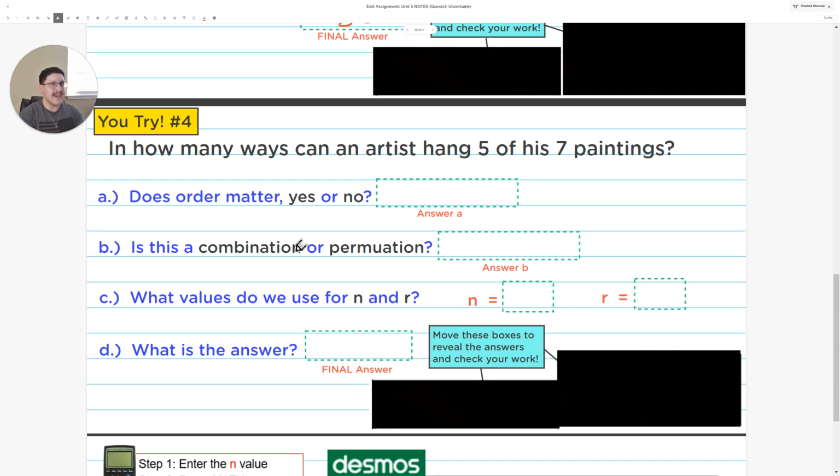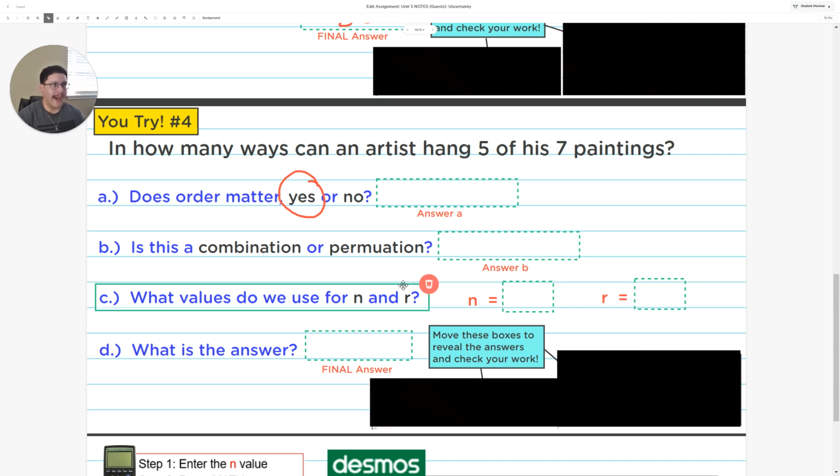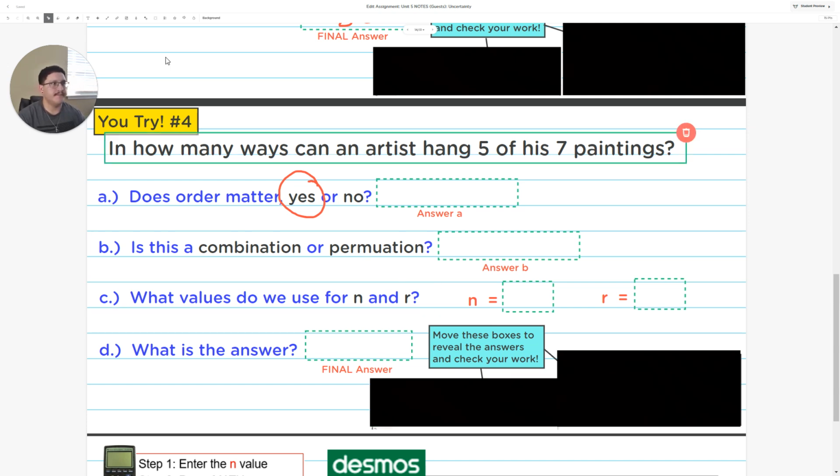And so when I'm hanging paintings, I'm arranging them in a way where it matters what goes first, second, third, fourth, and so on. And so in the case of this example, yes, order does matter. It probably would have been better if it said arrange, but order does matter in terms of this.